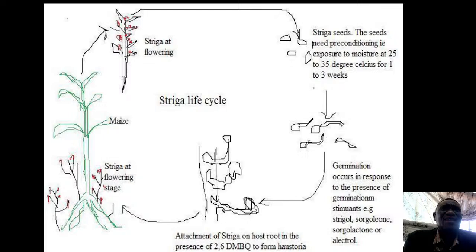So, if you want to successfully deal with the parasitic weed, you need to understand the life cycle so that you can choose the points where you can disrupt the life cycle which we have already described.